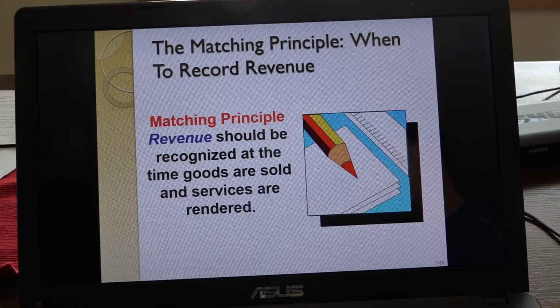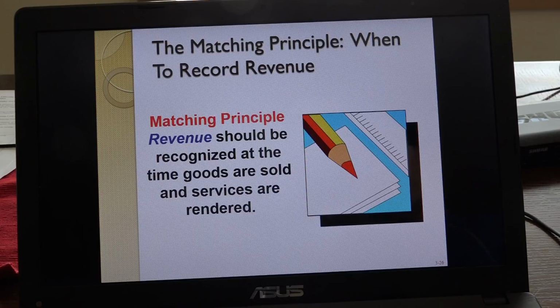And we recognize an expense in the period, and expense includes liabilities, obviously, something you're going to pay for in the future. But if you've utilized an expense, you have to recognize it in the period in which it's used.